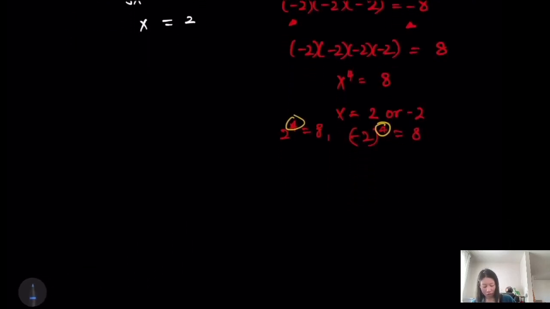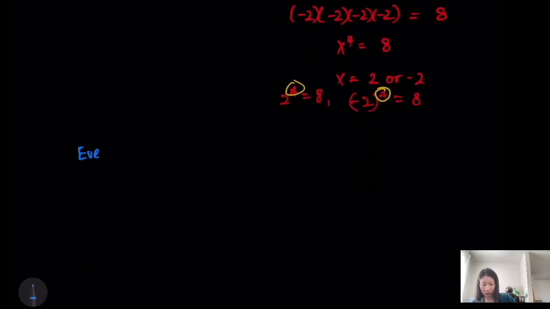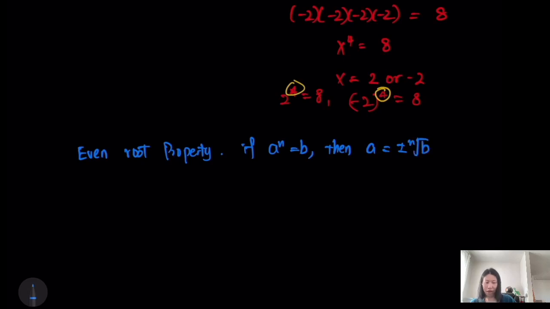In that case, we will have an even root property. So if a to the n equals b, then a will have two possibilities, positive or negative nth root of b, when n is even.